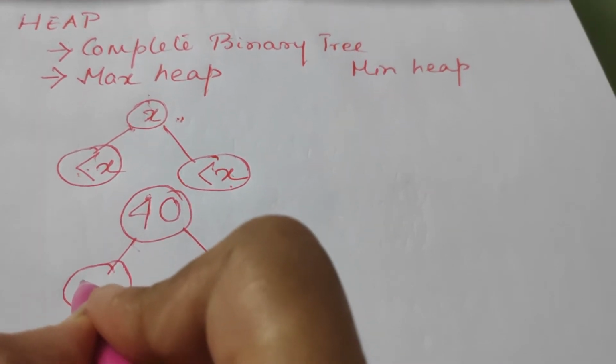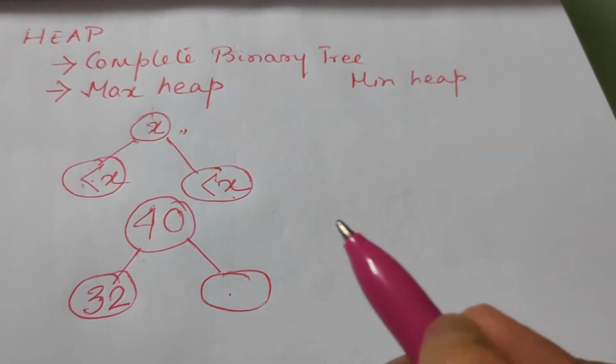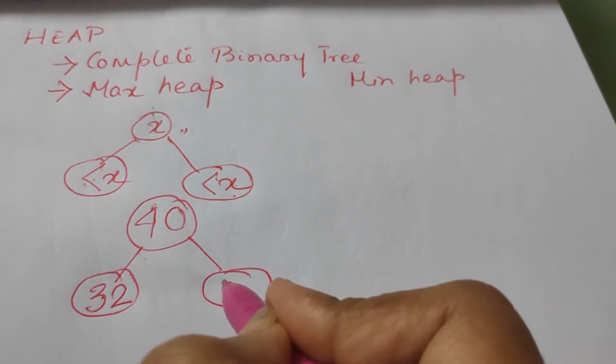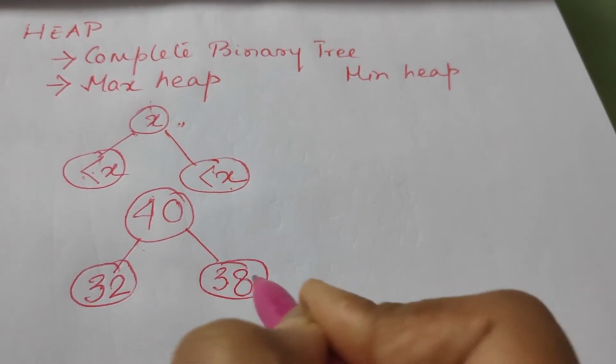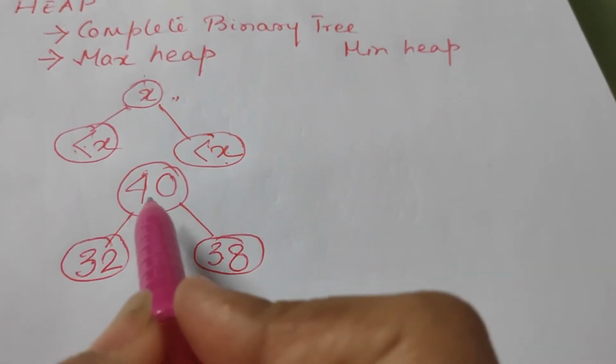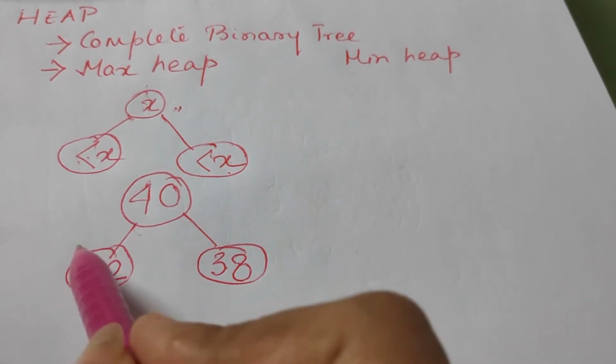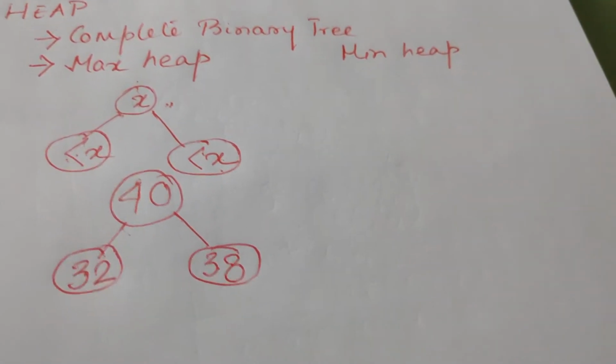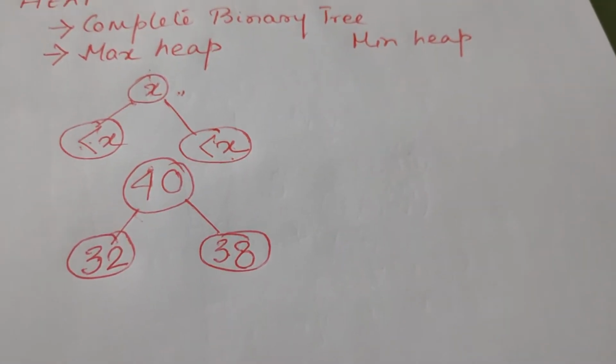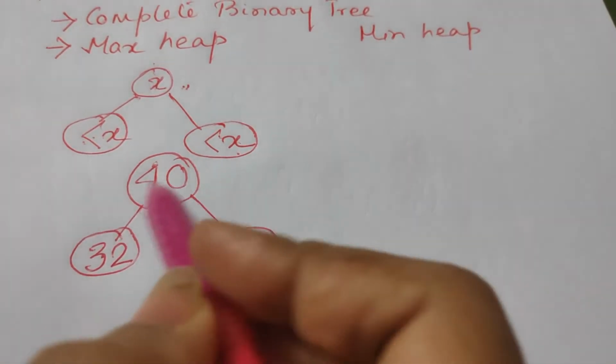So suppose we can have a node like this 32. Over here we can have a node like 38. Correct? So all the nodes on the left hand side and right hand side of the parent node should be less than the value of the parent node.